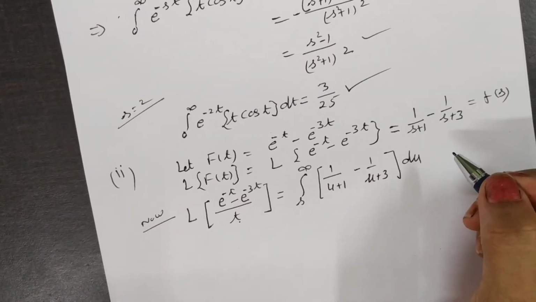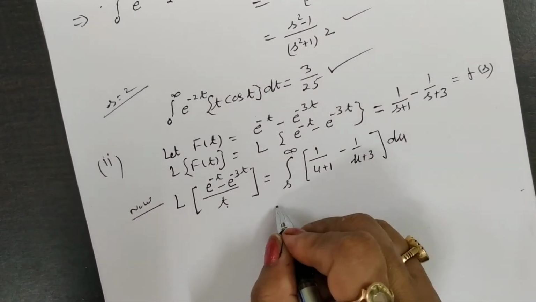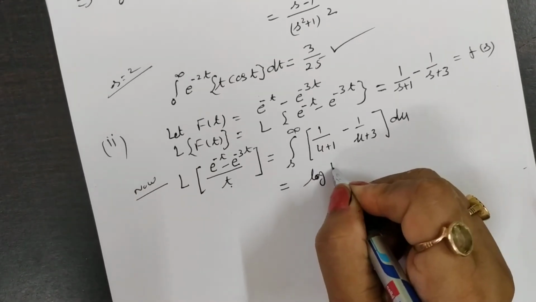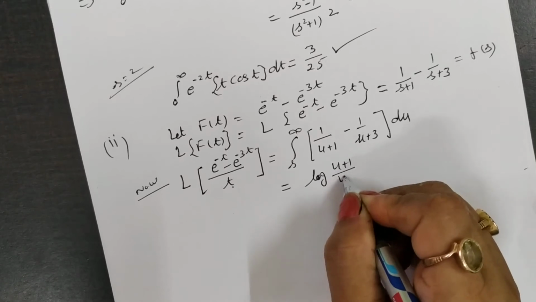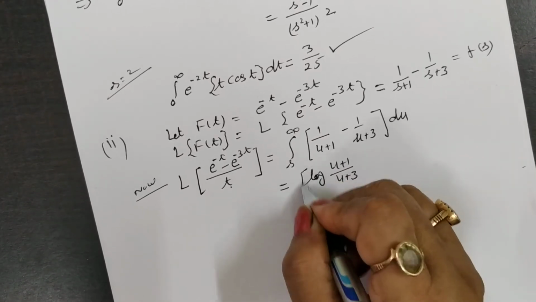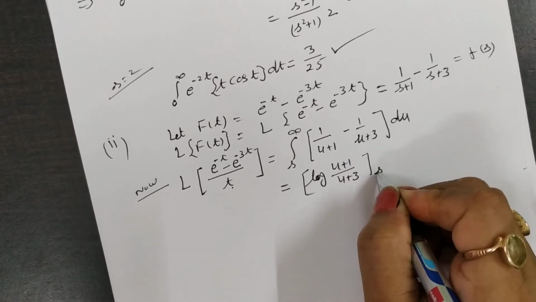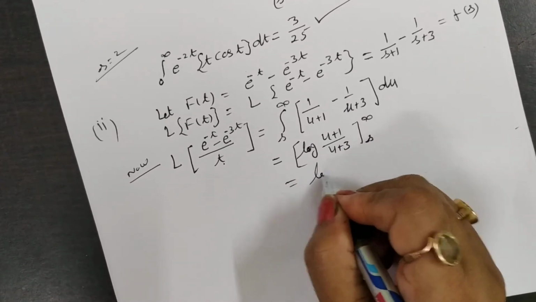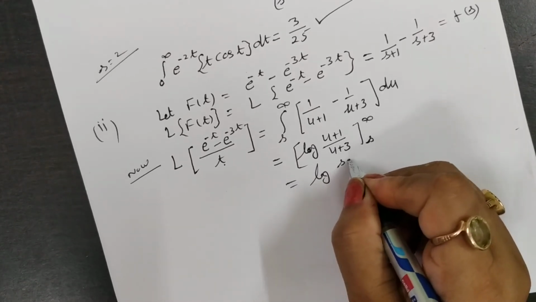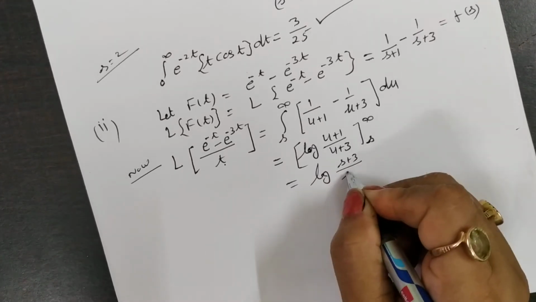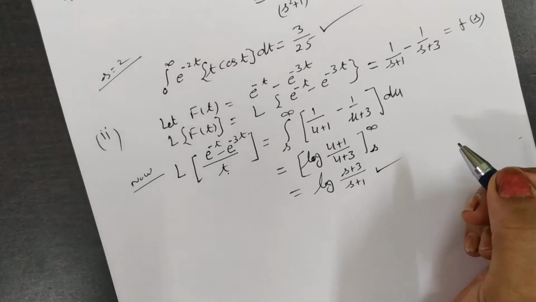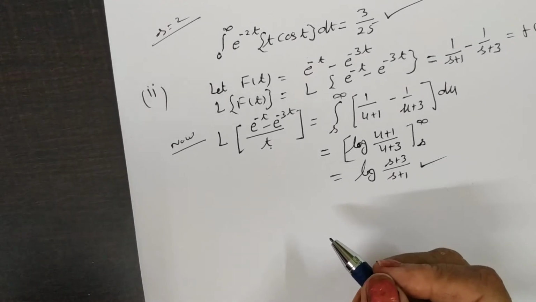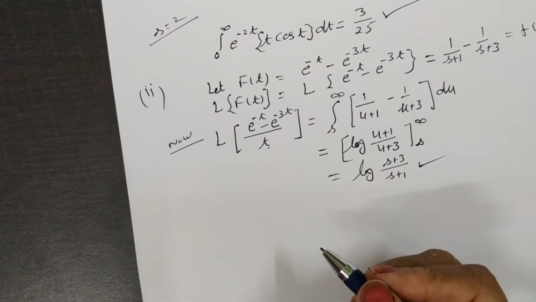Now integrating this, you get log of u plus 1 divided by u plus 3. Taking the limit from s to infinity, this becomes log of s plus 3 divided by s plus 1. Clear? Now apply the definition of the Laplace transform.